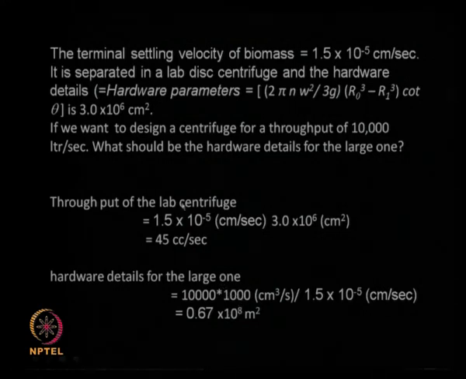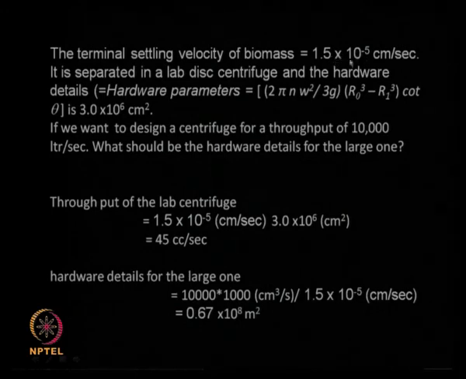Now the hardware details for the lab centrifuge is given, and the throughput of the large scale is also given, that is 10,000 liter per second, which can be converted into so many cc per second.